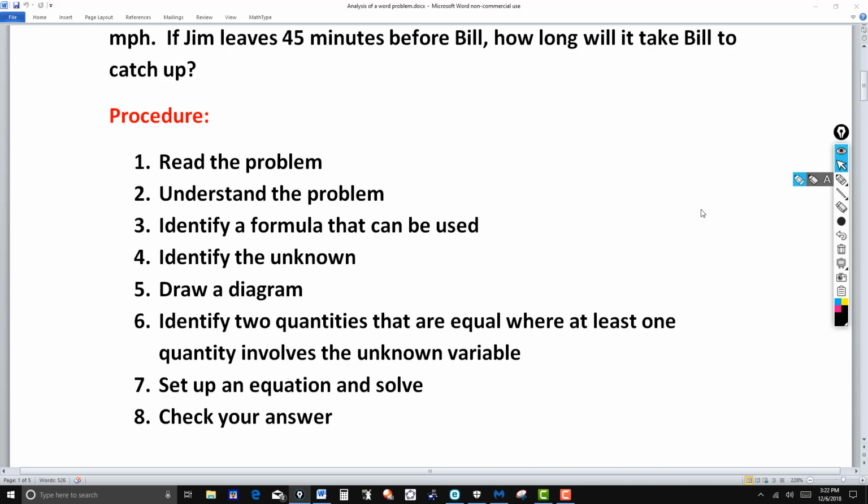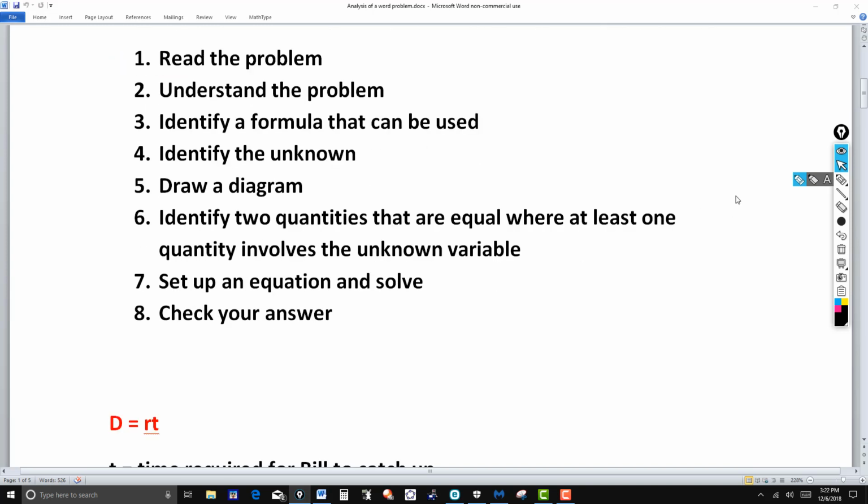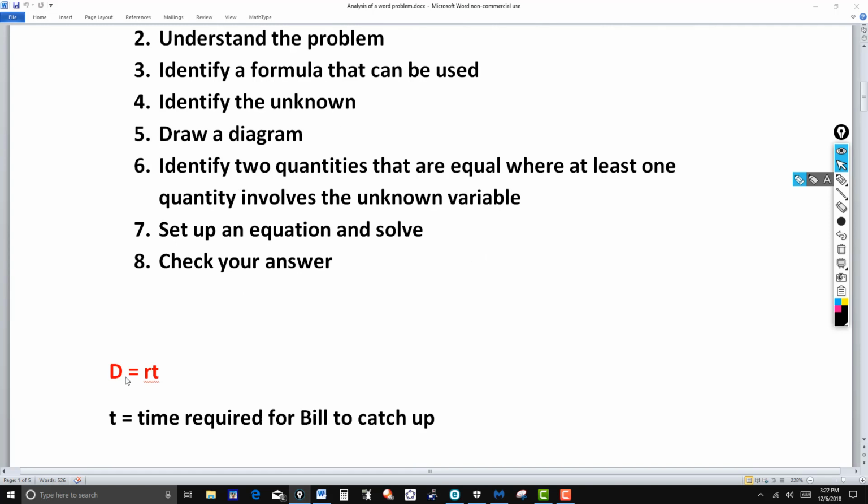So obviously here we're dealing with distance, we're dealing with rates. So one formula that comes out here is the distance formula. Distance is equal to rate times time. So this tells me if you know your speed and you know the time, you can find the distance.